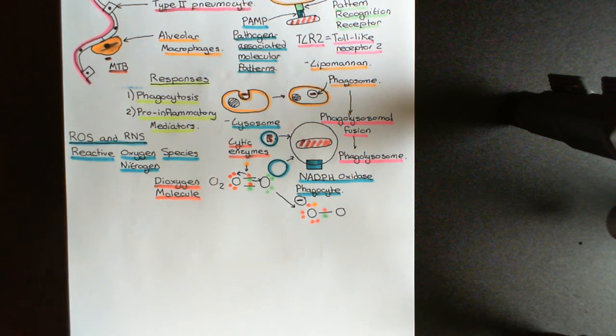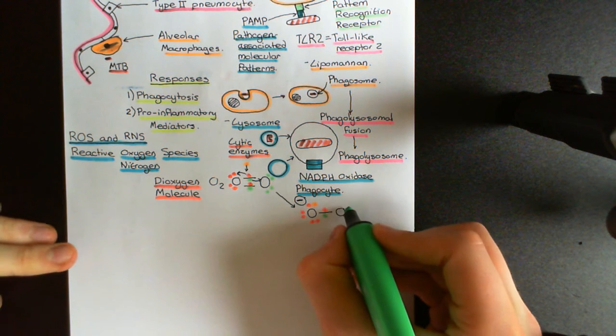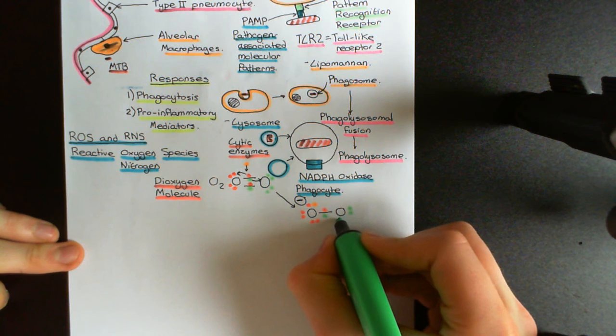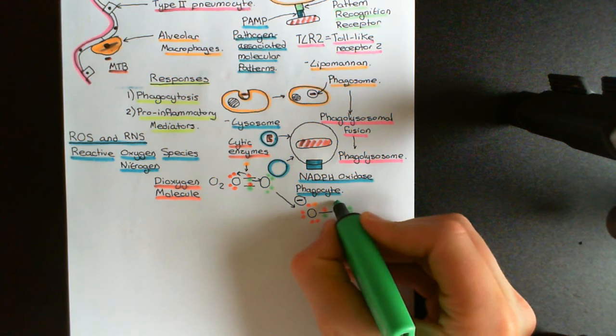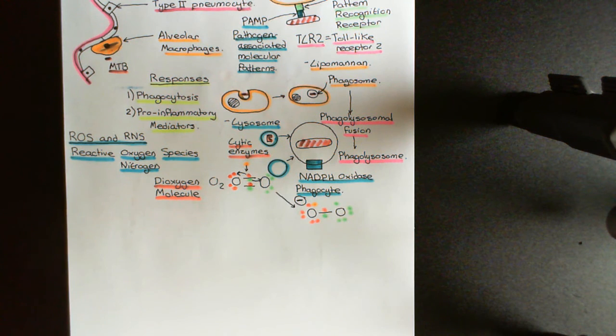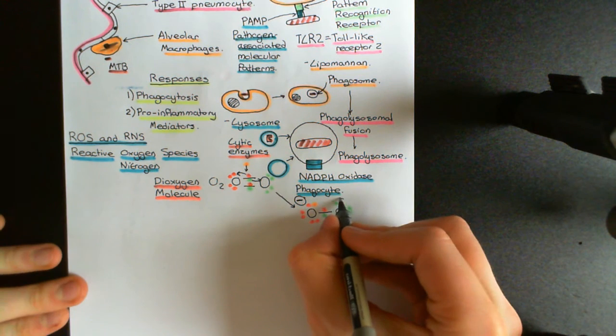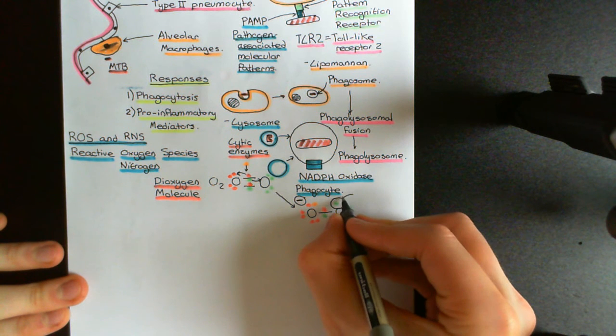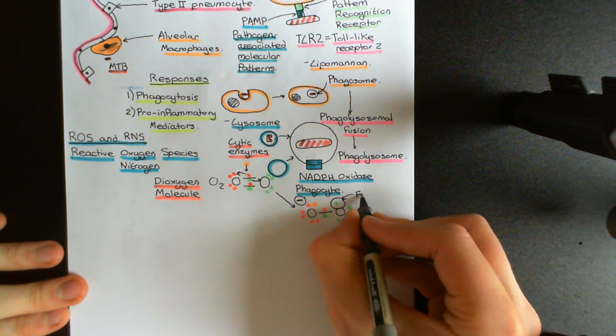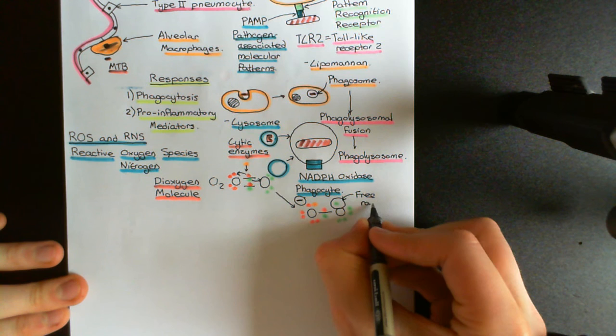The other oxygen over here will have 2 lone pairs of electrons, just as it had before, but now it will also have 1 electron that is unpaired, and that unpaired electron is not happy. When you have an unpaired electron in chemistry, that is known as a free radical, and we call the entire molecule a free radical.